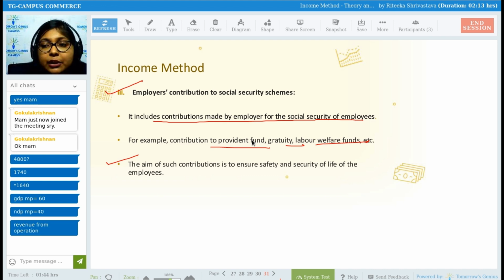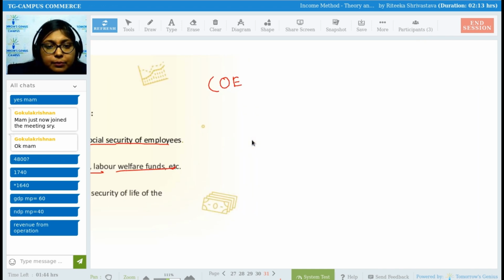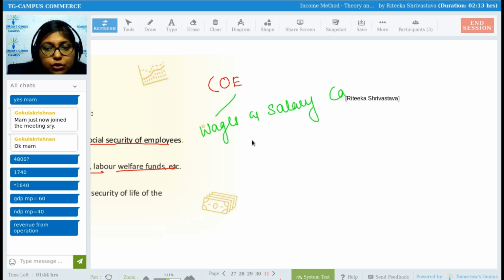So basically the first component of income method was compensation of employees. Under compensation of employees, you have three different parts. First part is your wages and salaries in cash.